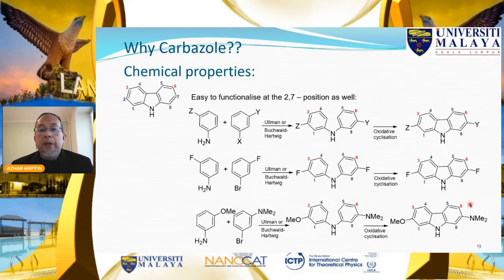Because they have their role in making this molecule a good candidate for the OLED device. By doing this, you can make the carbazole a good donor, and if you attach it to a good acceptor, you can make the molecule a good candidate for TADF, thermally activated delayed fluorescence. That is one of the things you need to know when dealing with OLED devices.